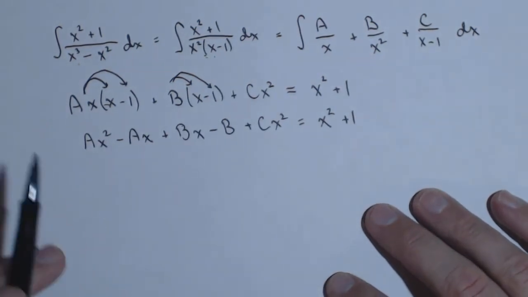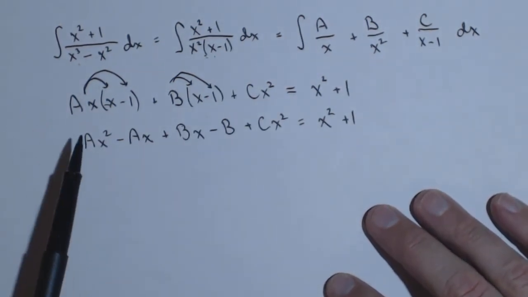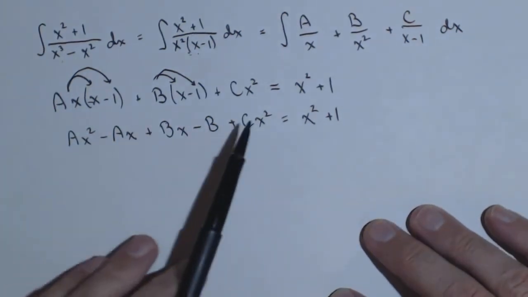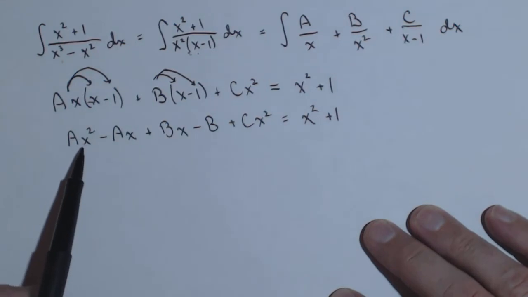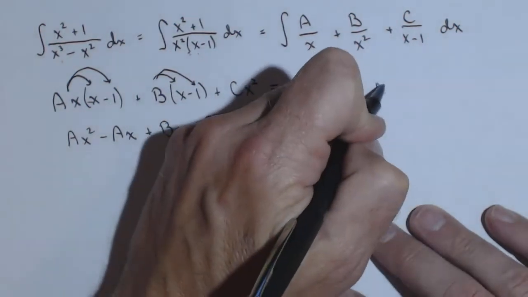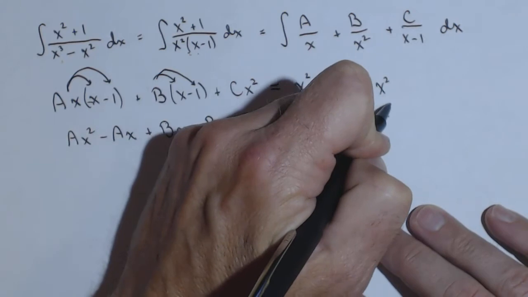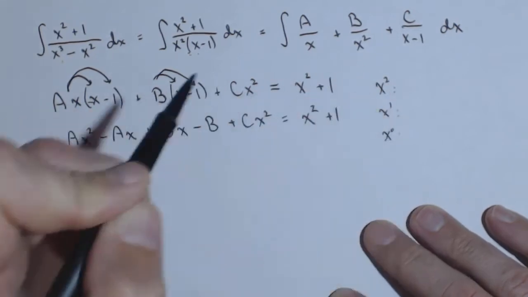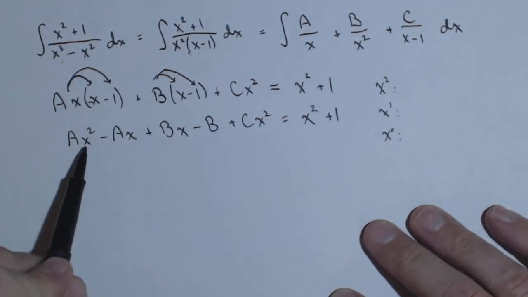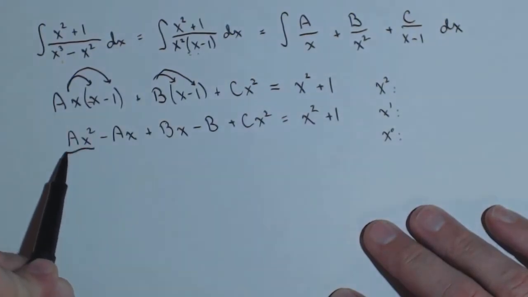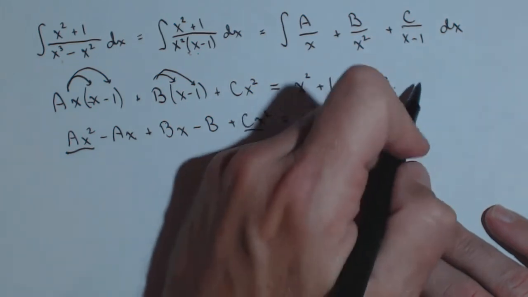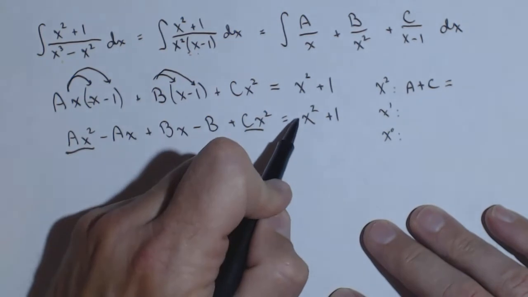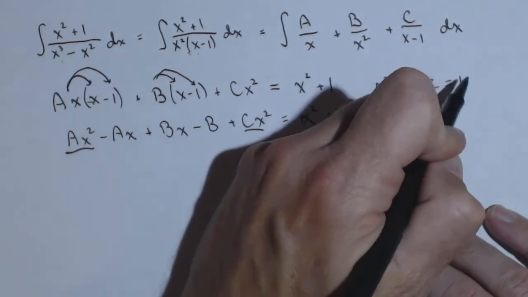Now there's several different ways to do it at this point. One of the things I've always enjoyed doing is grouping my terms by what they're being multiplied by. So I'm basically grouping my coefficients. I'm going to group them for x squared, x to the first, and x to the 0. I'm not actually going to put x's in my equations, but x squared, notice, has a positive A and a positive C. So A plus C, and over here x squared has a coefficient of 1, so A plus C must equal 1.